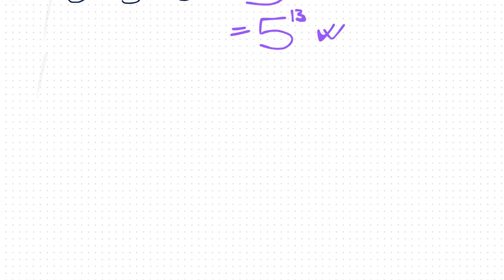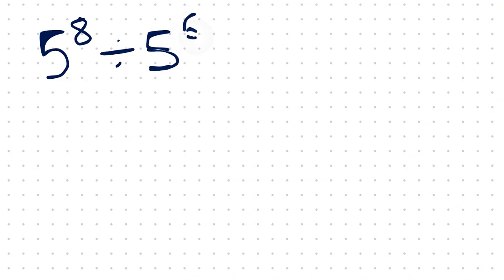Let's try another thing. What if we have, let's say, 5 to the power of 8 divided by 5 to the power of 6? Basically, if we divide them, let us write it as a fraction. 5 to the power of 8, we would have to write number 5 8 times, right?